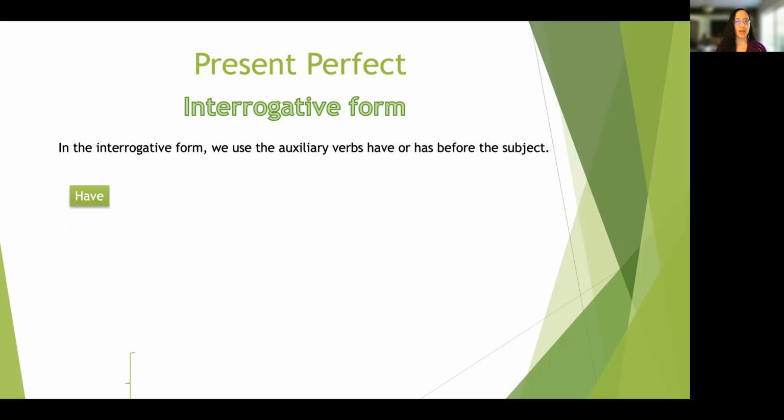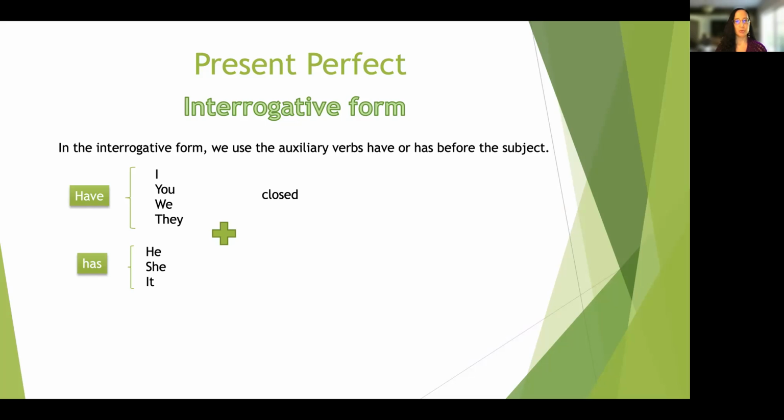For example, have I, you, we, they. Has he, she, it. Is this getting too easy for you yet?